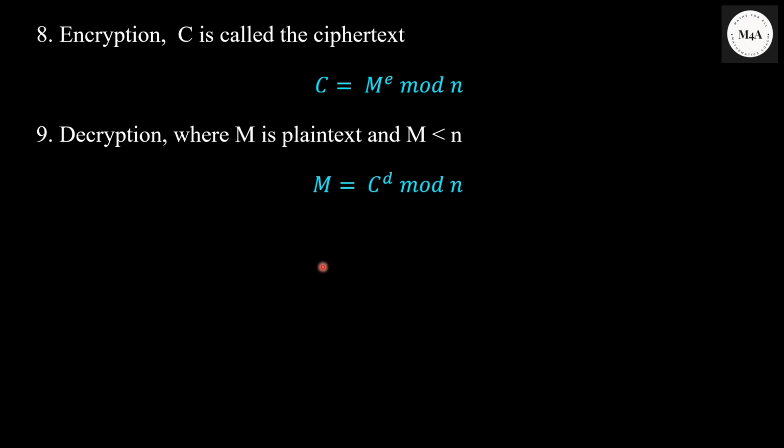Later we have to choose the totient function, then between 1 and the totient function we have to choose e, which should be relatively prime to the totient function. If we do all these steps with an example, you can understand very easily. We'll take one example.